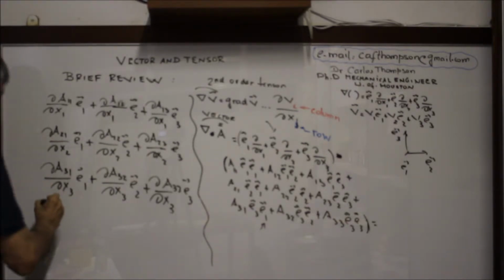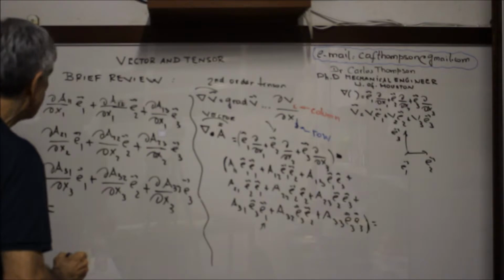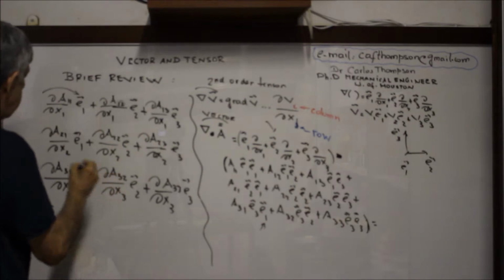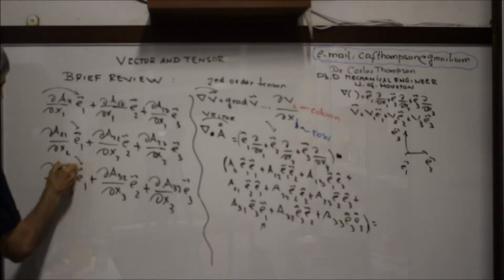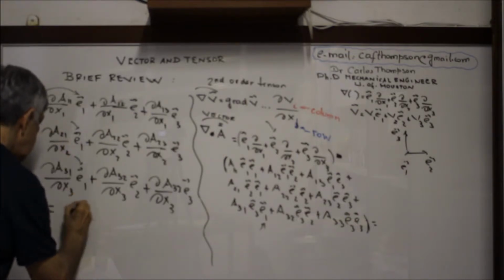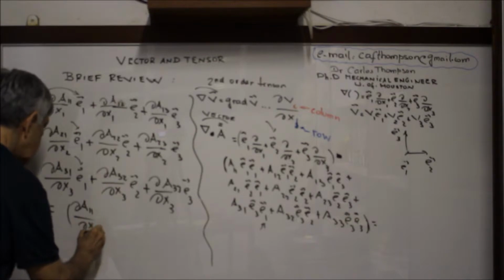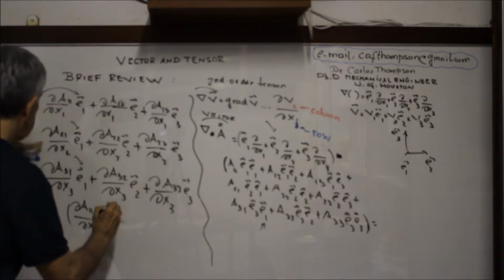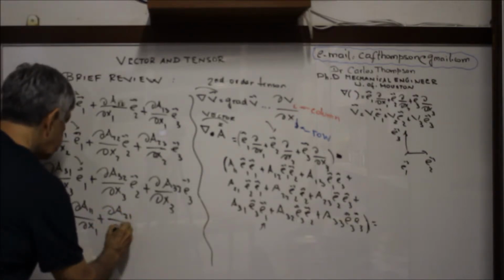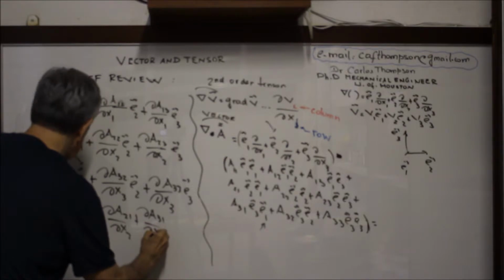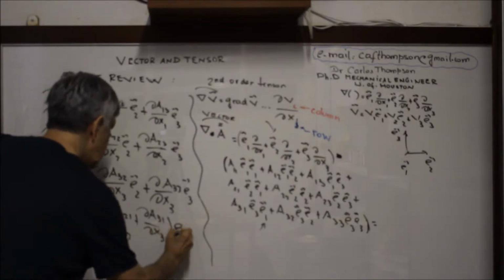Now here comes the vector. Let's find out U1 over here. So this is equal to partial of A11 with respect to X1 plus partial of A21 with respect to X2 plus partial of A31 with respect to X3, E1.